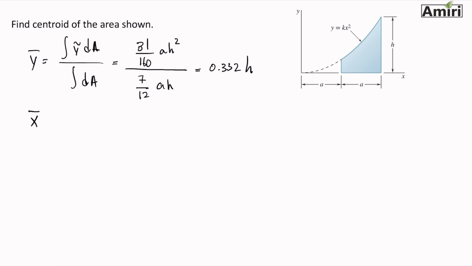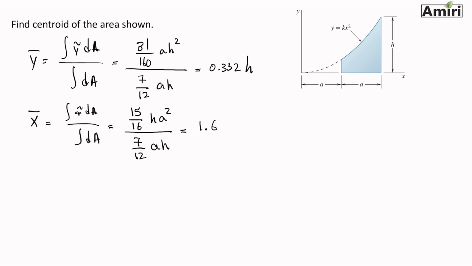And then x bar, the integral of x tilde dA over the integral of dA. If I plug in what I calculated on the previous slide, I will have 15/16 h a squared over 7 over 12 a h, and this will result in 1.61a. Thank you very much.